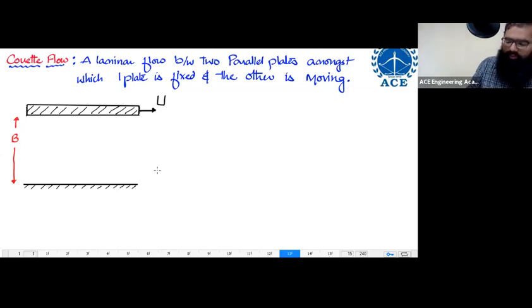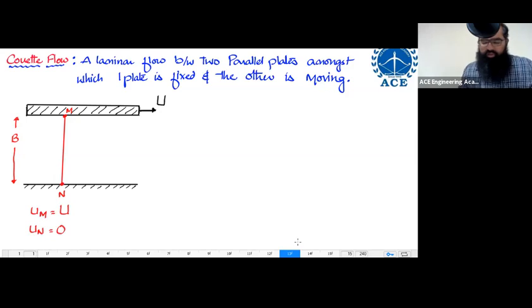If I look at the boundary conditions, imagine that I take a particular section. Let us say this point is M and this point is N. The velocity at point M is equal to capital U, and the velocity at N, by virtue of the no slip condition, has to be equal to 0.